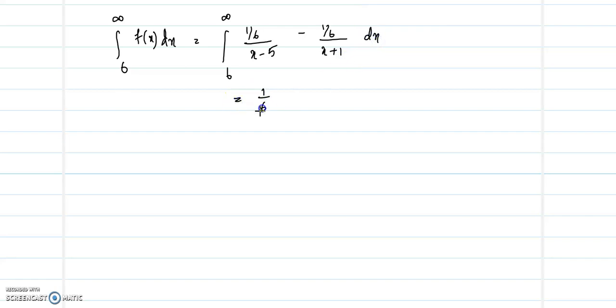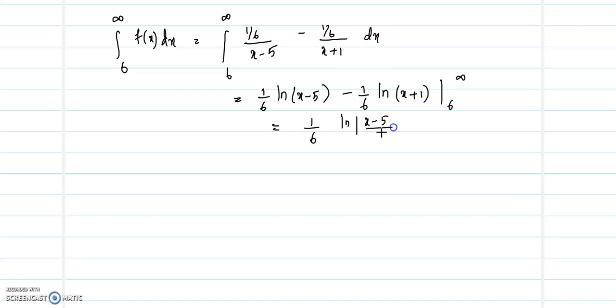So that will be equal to 1 by 6 log (x minus 5) minus 1 by 6 log (x plus 1) from 6 to infinity. Now we can write this as log a by b form. So we'll get 1 by 6 log (x minus 5) by (x plus 1) from 6 to infinity.